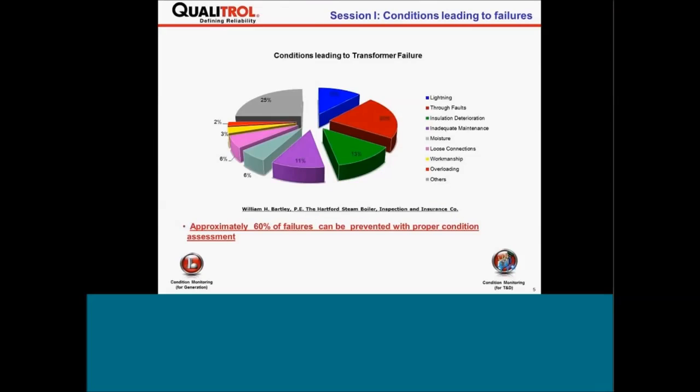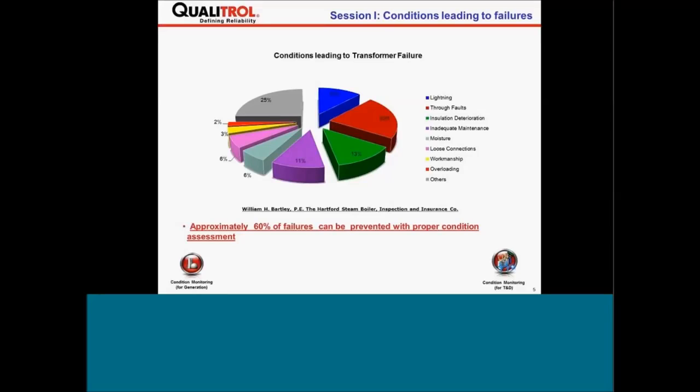Conditions leading to failures, there are many. This is a breakdown pie chart of this. You have your lightning and through faults. You also have your insulation deterioration, causing a major part of the faults, 13%.